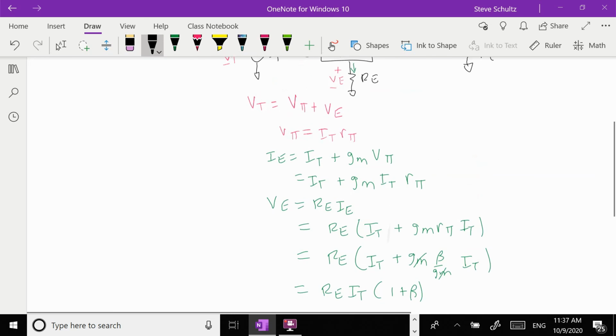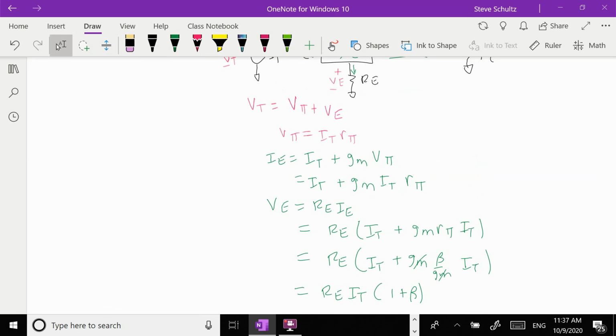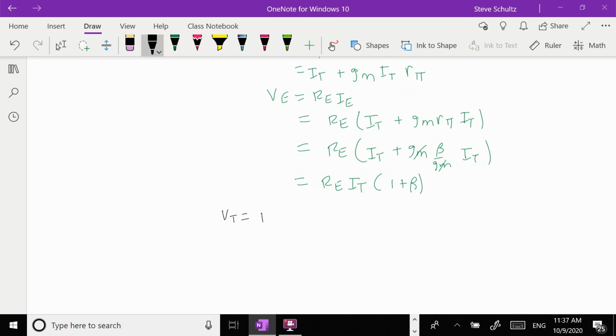Okay, so now we're going to come back and plug it all together, and so then we say VT is equal to the V pi. So this is equal to IT times R pi plus the VE, which is IT RE times beta plus 1.